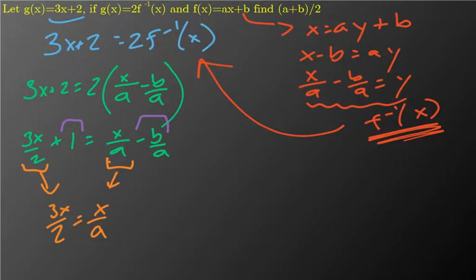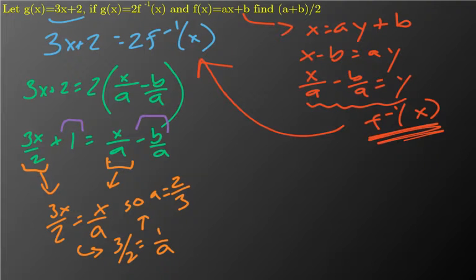And so that would mean, you could cross multiply, or the way I just see this is 3 halves needs to equal 1 over a. So a needs to equal 2/3, right? You just need to do 1 over 2/3 to get 3 halves.